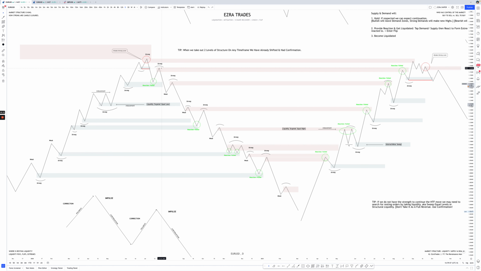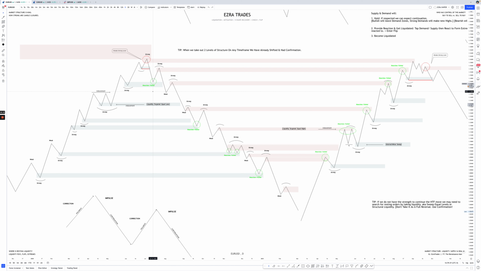But now that we are shifting to bearish, any levels that were strong previously are now going to be considered weak. And therefore, they are either not going to hold, but they could hold, right, if we were going to continue the previous bullish structure.